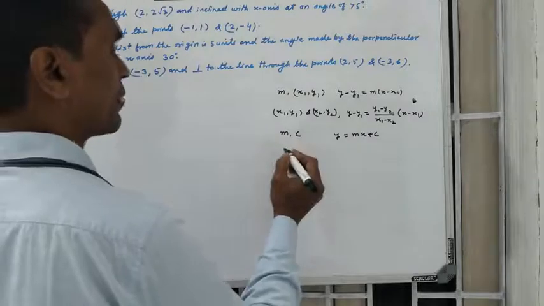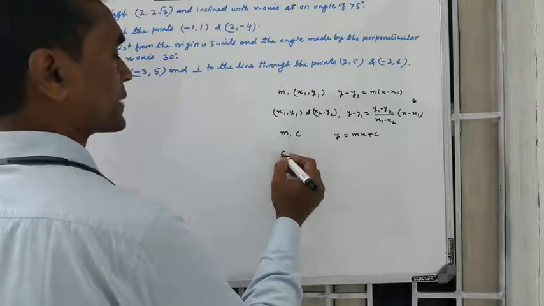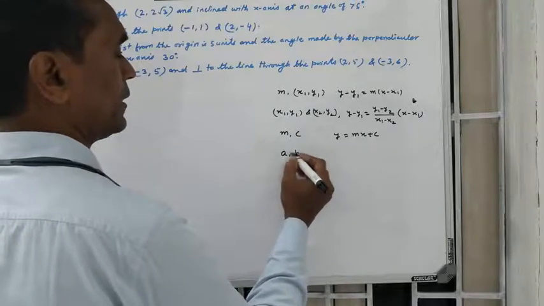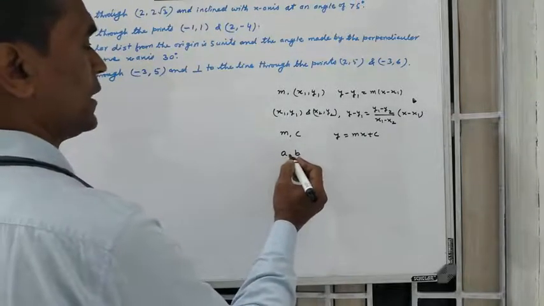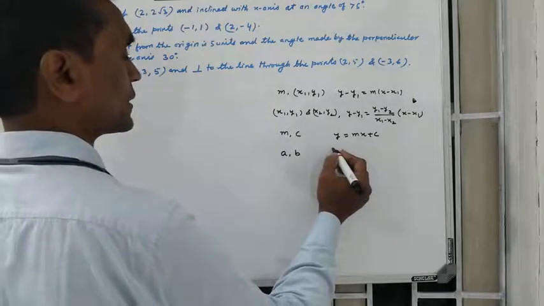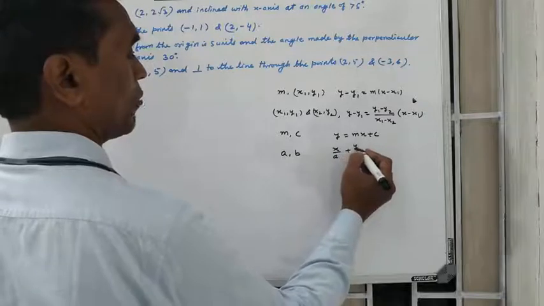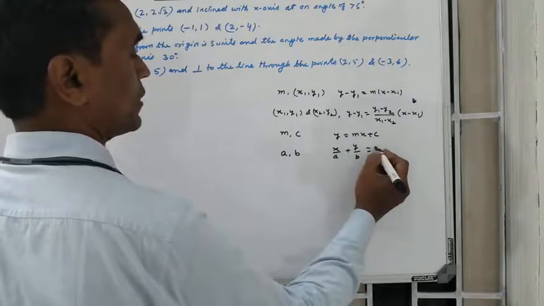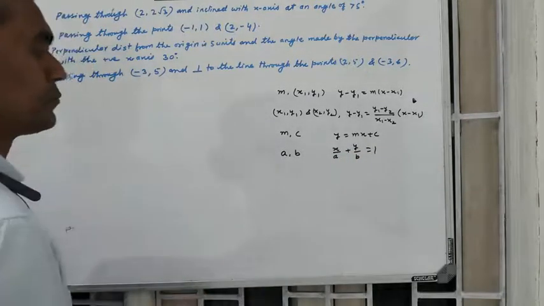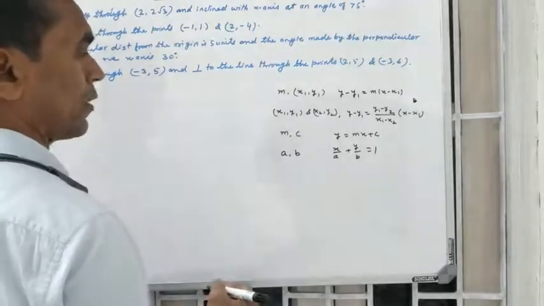And intercept form, in intercept form both the intercepts x and y are given. Let x intercept is a and y intercept is b. Then equation in intercept form will be x by a plus y by b is equal to 1. Next form is normal form.